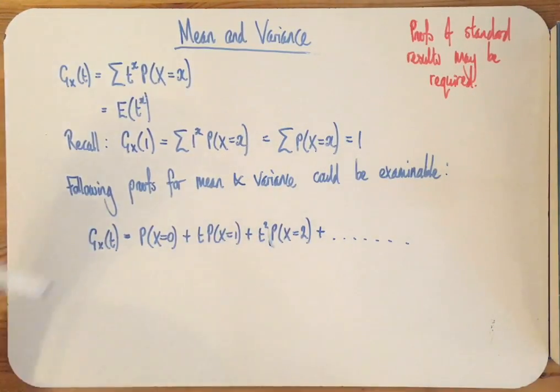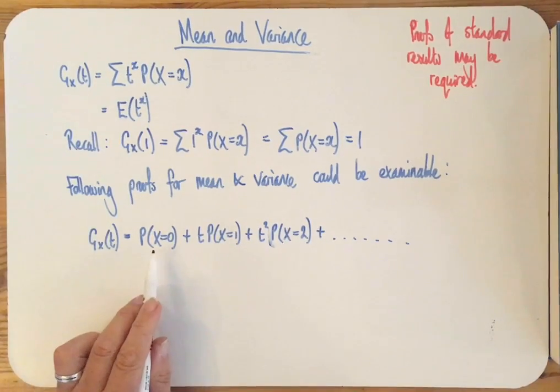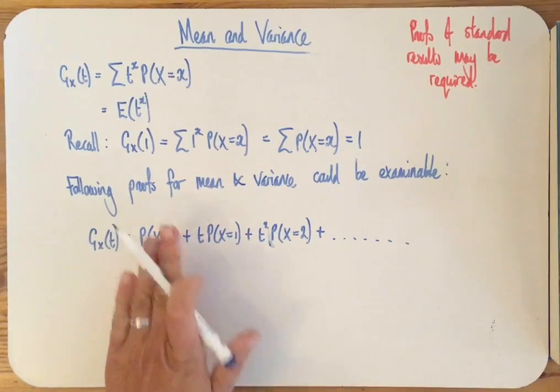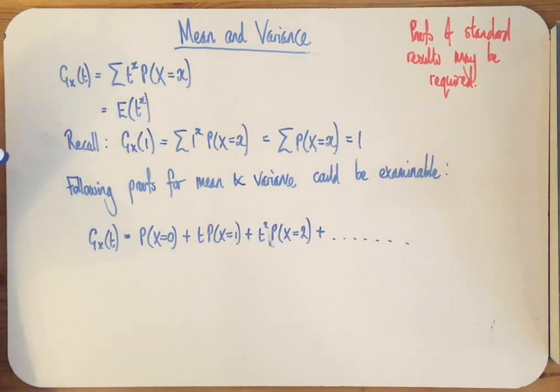So if you're in a geometric distribution, for example, the probability X equals 0 will be 0, and so you will be starting at 1.